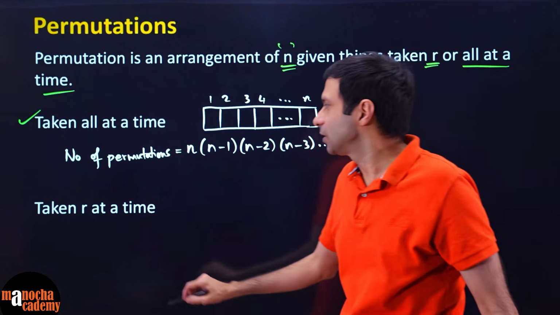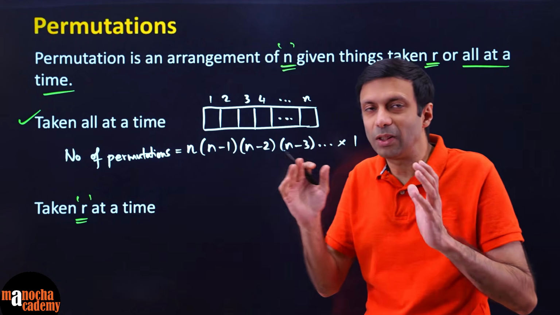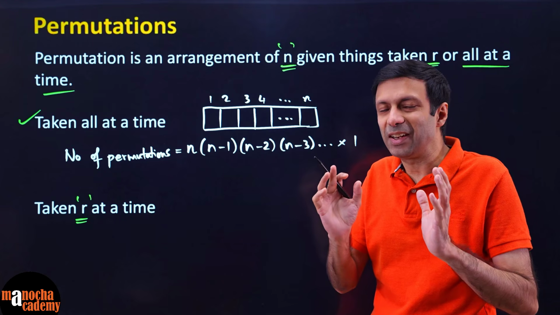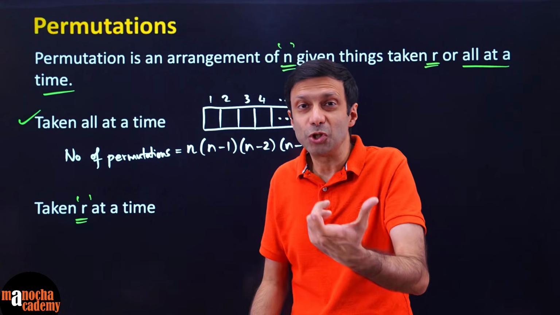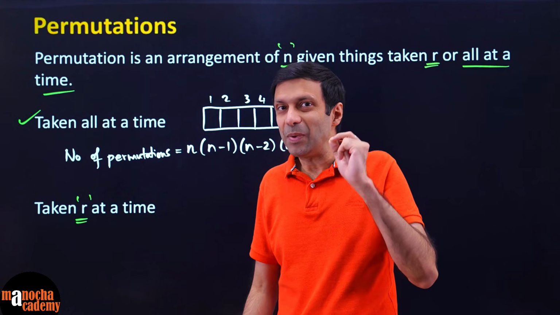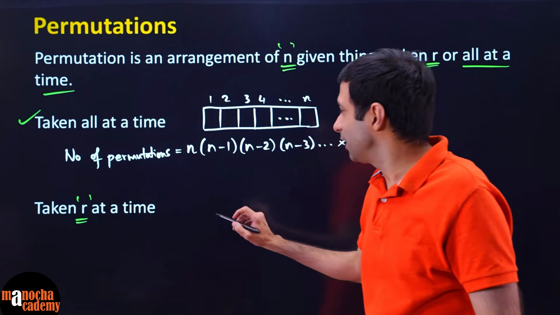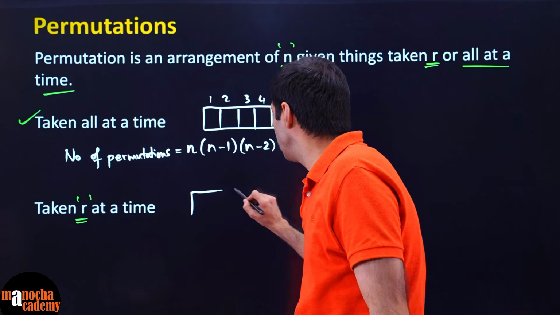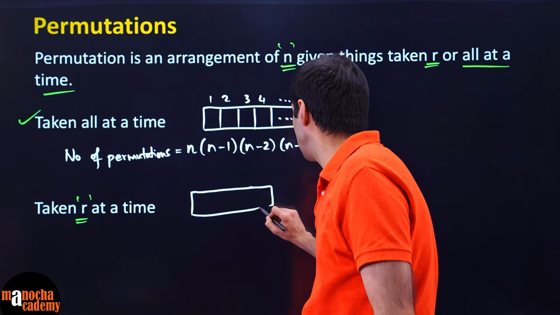Now let's take the case where we take r objects at a time. So we are not taking the entire n, we are considering, let's say, r of them. So this time how many boxes do we have to fill in? Because you're choosing r objects, that means r boxes, not n boxes, right? So please understand this point. Since you're selecting only r objects, this time you have to fill in only r boxes.